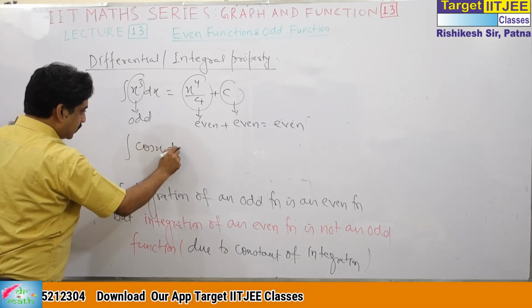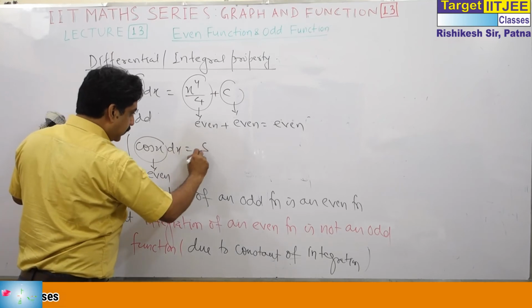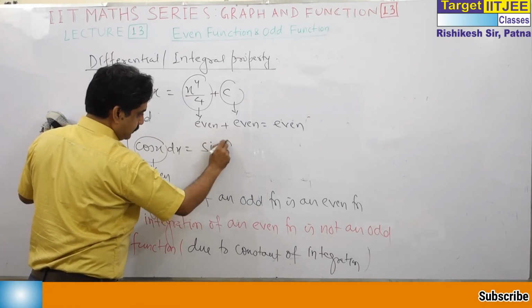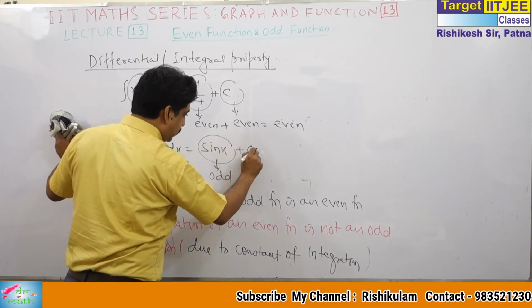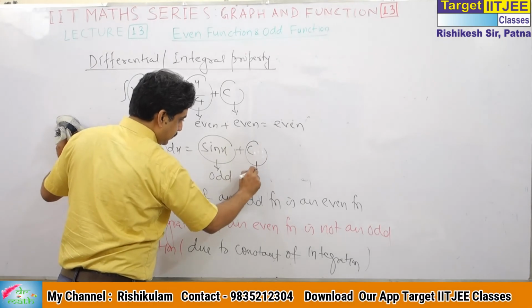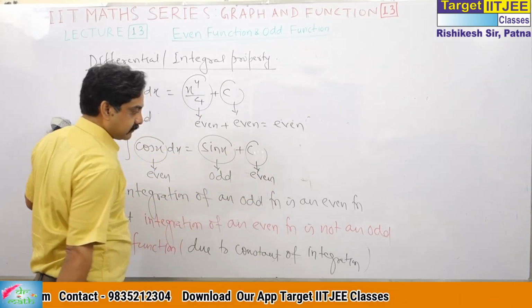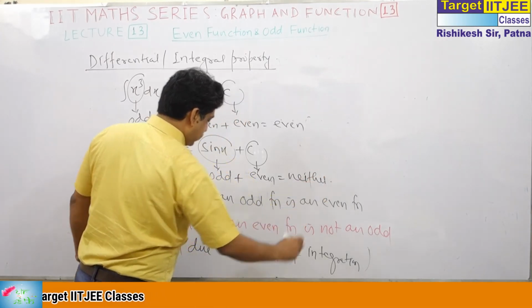Now, come to this one. Integration of cos x. You know cos x is an even function. This is sin x, which is odd. From here we can say this is odd. But due to the constant of integration, the actual integration is this, and this is even. Odd plus even is neither.